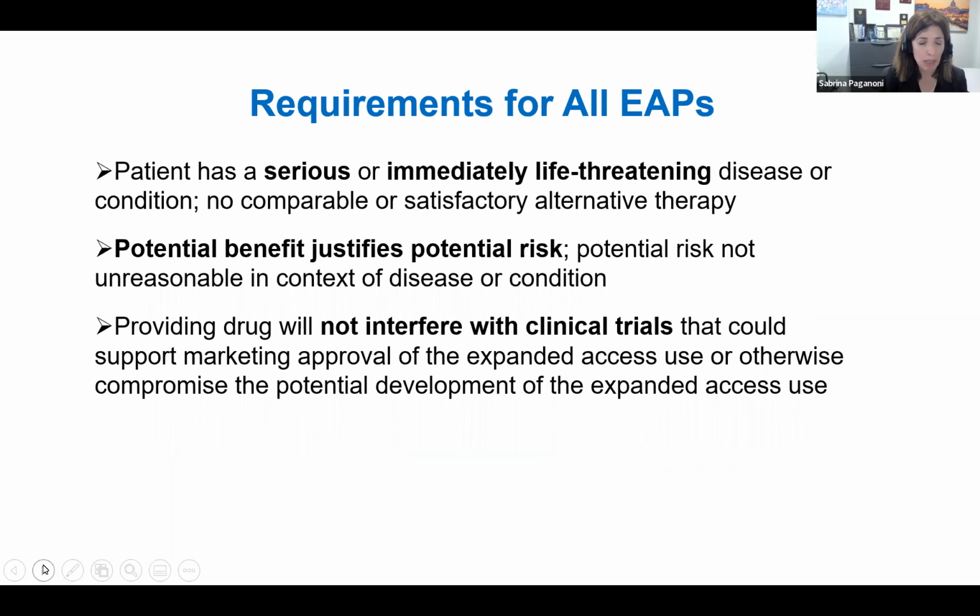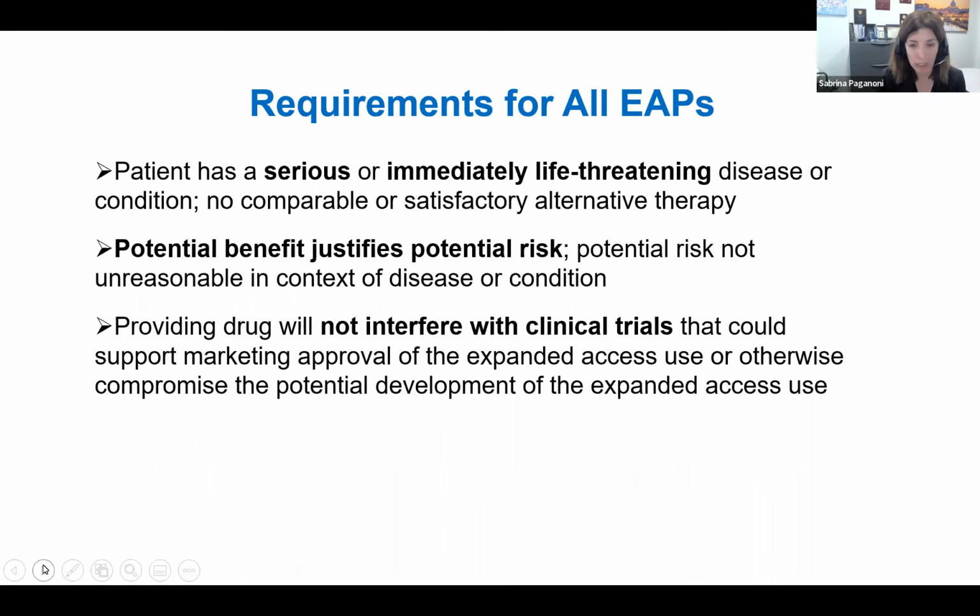Now, there are some requirements. Again, this is only for people who have a serious disease when there's no alternative. We need to make sure that the potential benefit justifies the potential risk. And most importantly, especially for a disease like ALS, providing drug should not interfere with clinical trials.